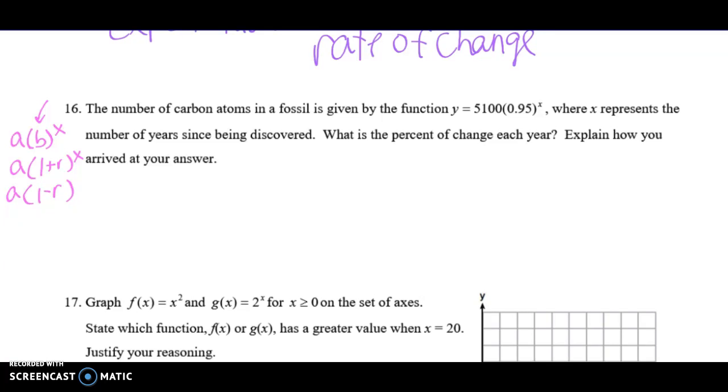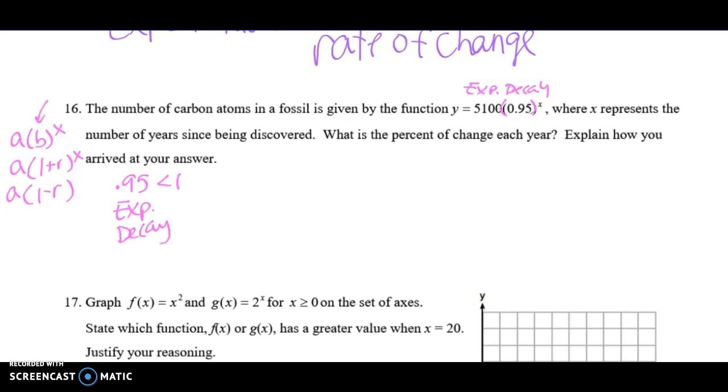So looking at this portion of my formula, 0.95 I know is less than 1, so I know that this is exponential decay.